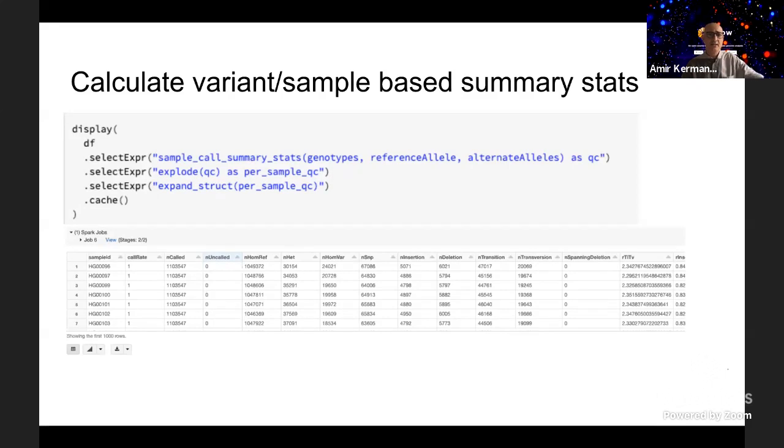Similarly, if you have sample level summary stats, for example, you want to look at homozygosity or heterozygosity of individuals, let's say you want to calculate the inbreeding coefficient or anything, this is really done within the sample level summary statistics, and then later you can do your own analysis the same way.